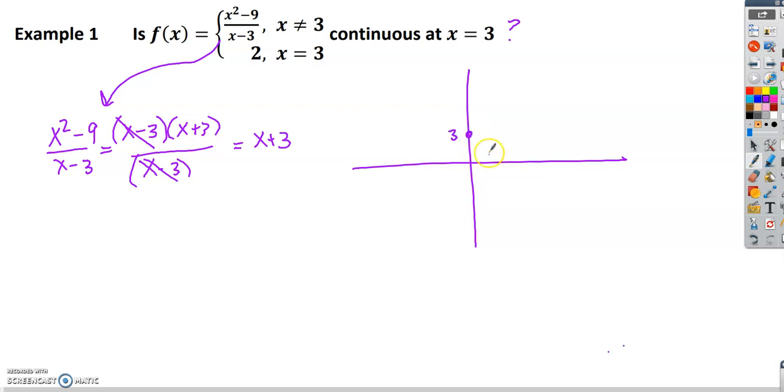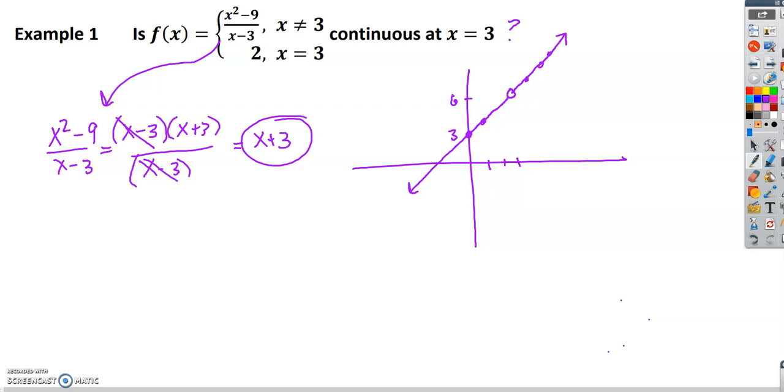If I plug in 1, I get 4, and so on and so forth. When I plug in 3, technically, if I plugged in a 3 here, I would get a 6, but remember, I'm not allowed to be 3 there, so I'm going to put a hole, but I'm going to put it at 6 because that's what it would have been approaching. And then I could plug in some points on the other side and so on and so forth. So anytime besides when it's 3, my graph looks like this line.